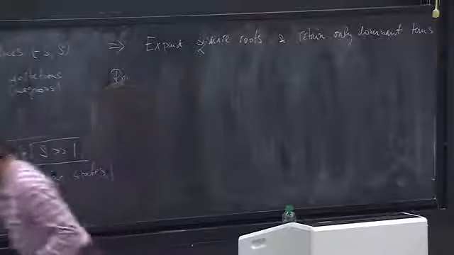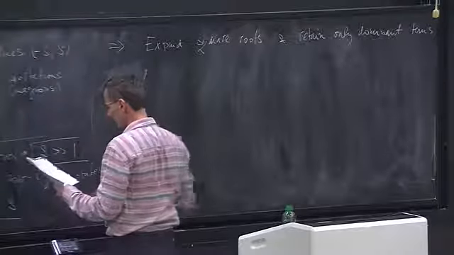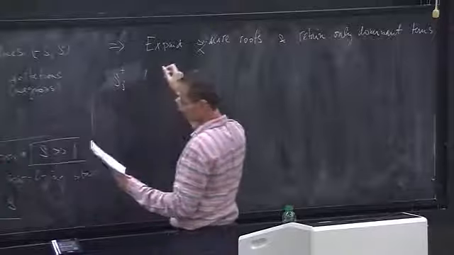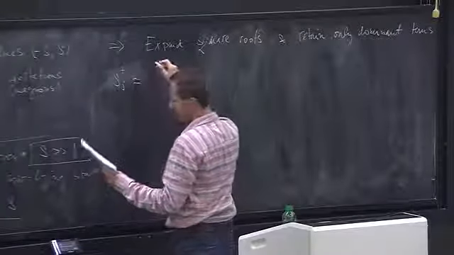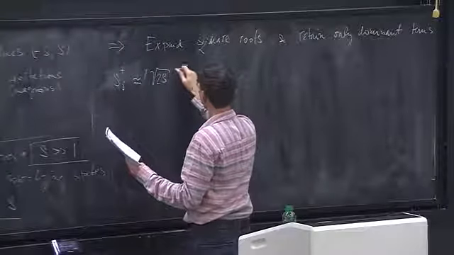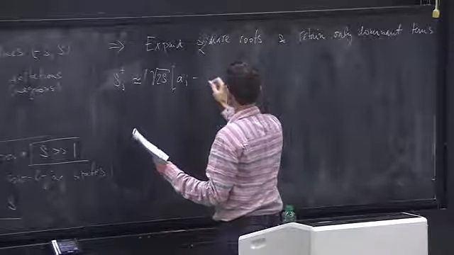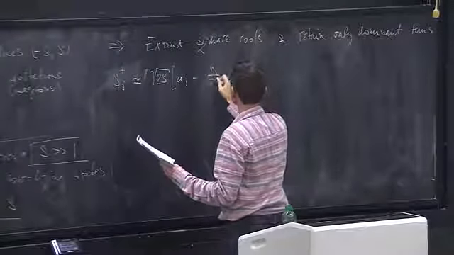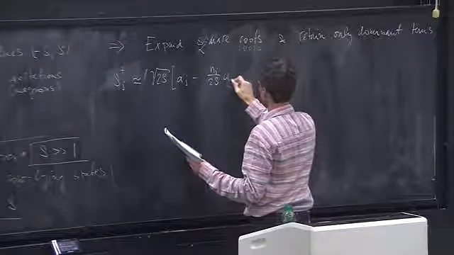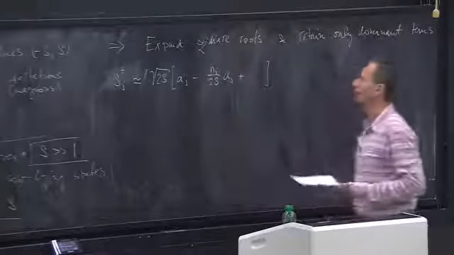So we expand. Let me write down this expansion, and then we rewrite the Hamiltonian. Basically, this expansion looks like this. S plus j is then approximately equal to square root of 2S, and we have a_j minus n_j over 2S times a_j plus ... And similarly for S minus j.